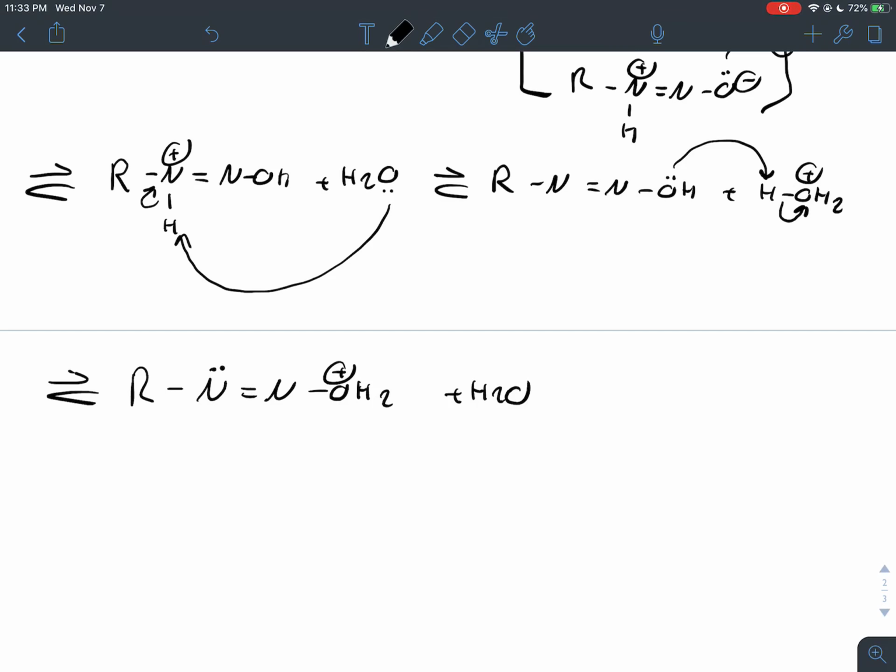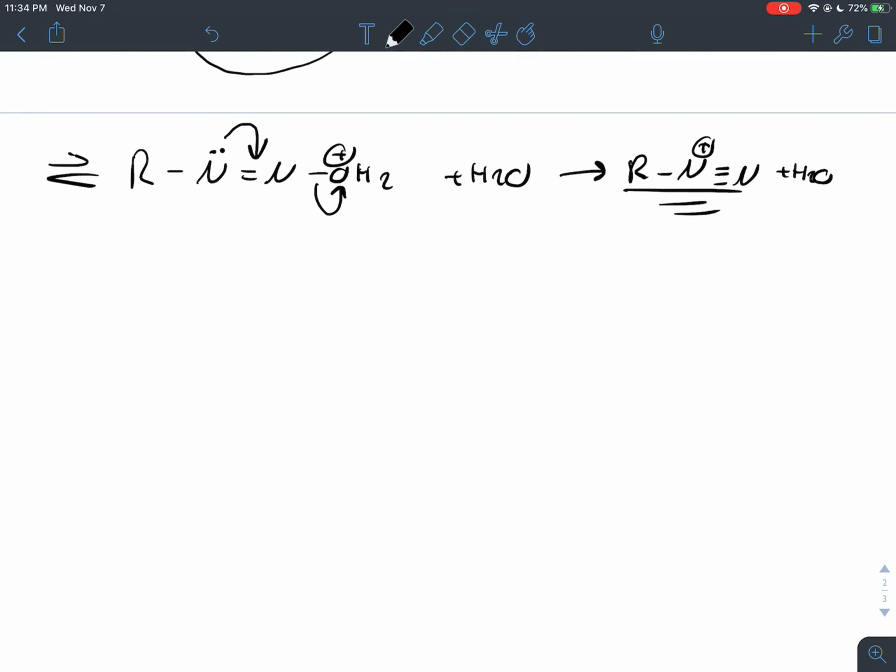And again, in order to get that triple bond, these lone pairs are going to come down and kick the water out, giving RN triple bond N plus and H2O. Cool, and that is our product.